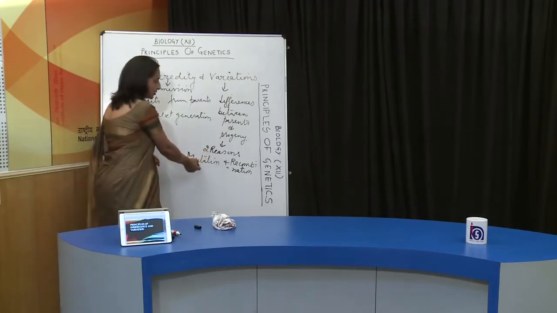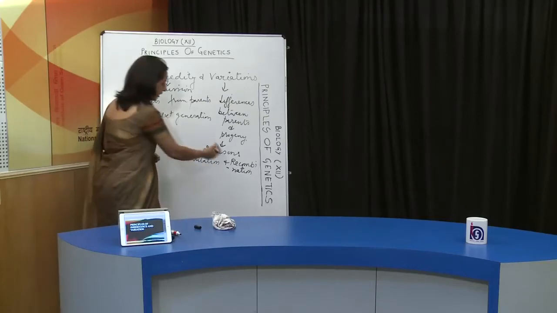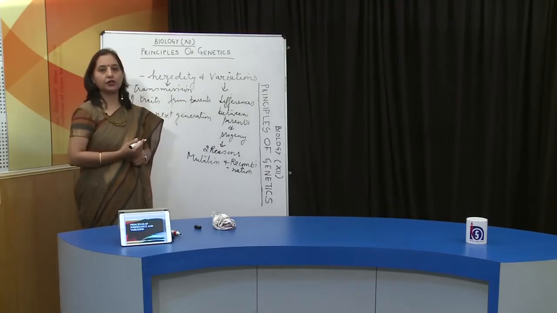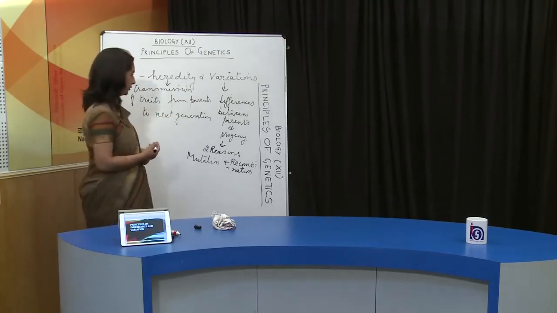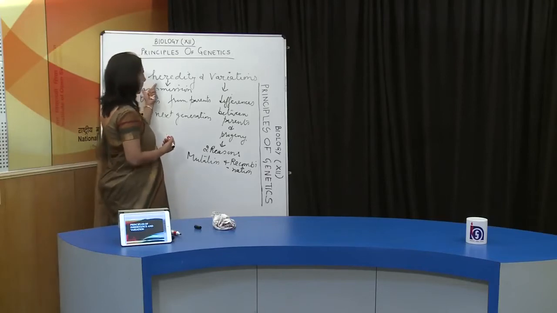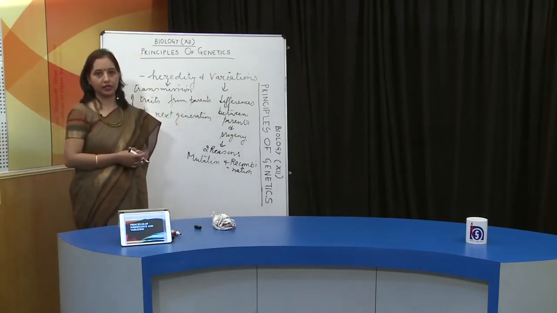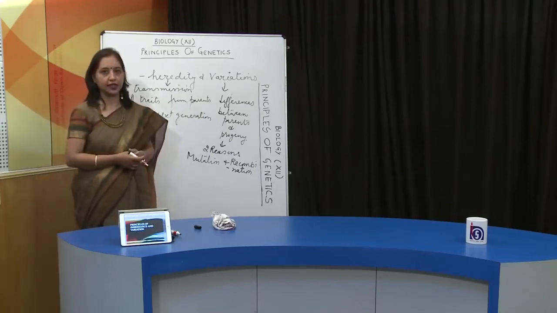The first reason is mutation, that is a sudden change in the characters, and second is recombination, that is the combinations which are formed after the result of sexual reproduction. So heredity and variations are the basis of genetics, the branch of biology that we are going to discuss in detail today.